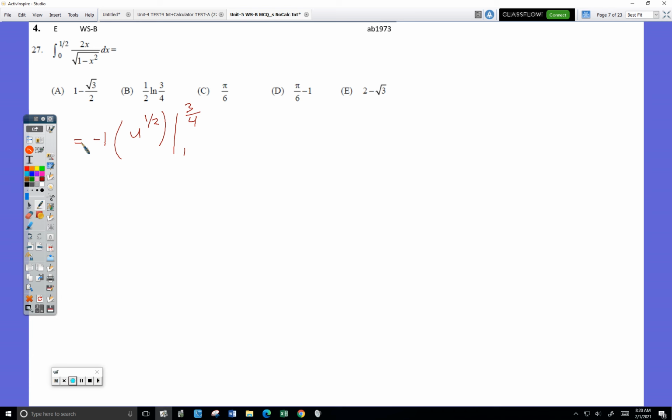It's another reminder that good notation here will save you. You should be going just straight down the page, equal, equal, equal. This is divided by 1/2. Dividing by 1/2 is the same as multiplying by 2. So I prefer to write this as -2, parenthesis, u to the 1/2 means root u, evaluated from three-fourths to 1.